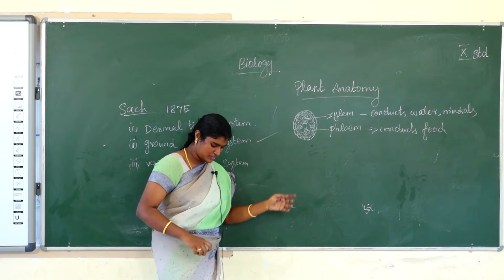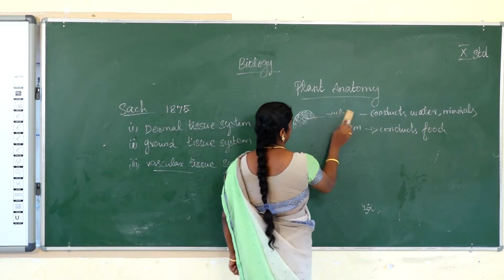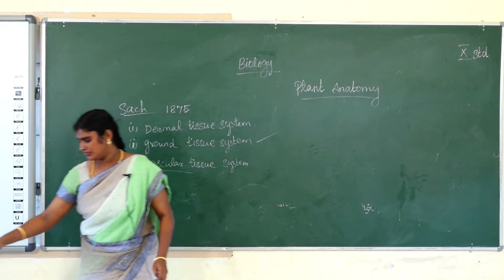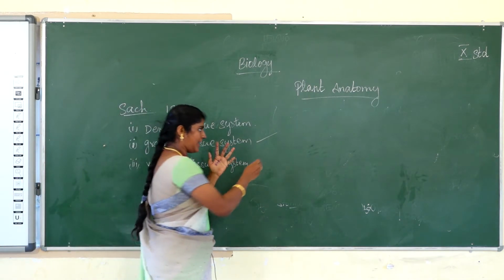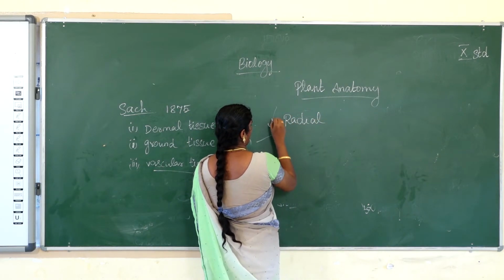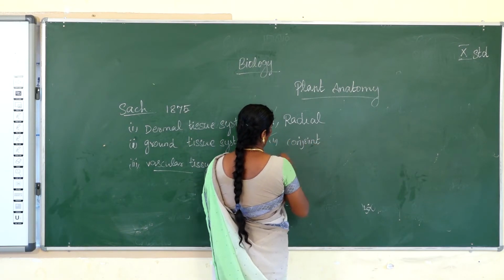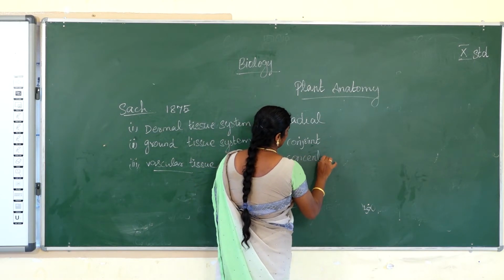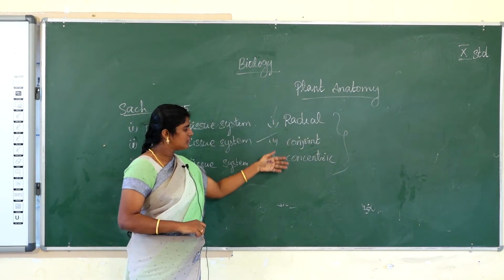Next, there are three types of vascular bundles: first one radial, second one conjoint, third one concentric.